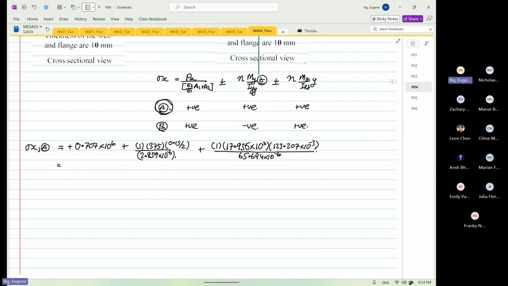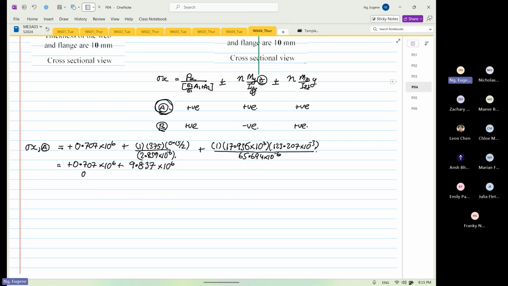Okay, so this is positive 0.707 times 10 to the power 6, plus 375 times 15 divided by 2, divided by 2.859 power minus 6, is equal to 9.837. Now in your term test, I hope you'll do it this way because I give you part marks.